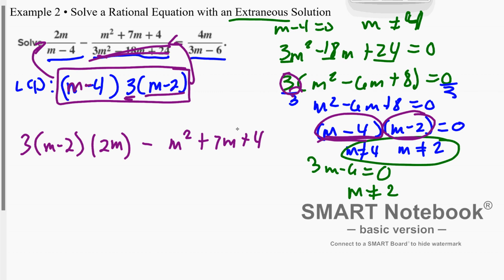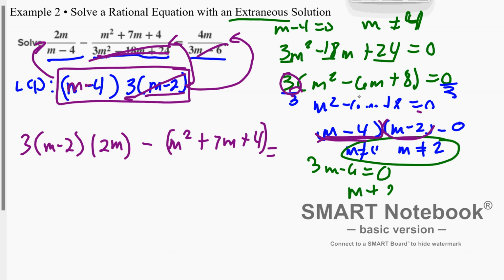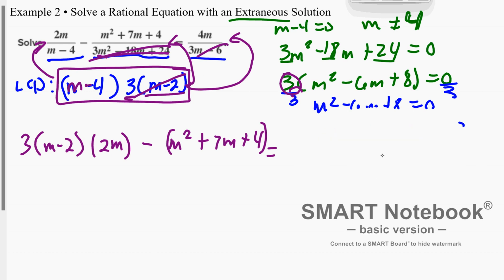Now, I need to distribute that negative. So I'll put parentheses around that. And then lastly, I'm kind of running out of room here. I'm going to take this thing, LCD again, and multiply by this one. Now this time, this one right here gets canceled out with this one, right? So then we get left with an equals, I'm going to have to erase some of this. Okay. This time we get left with m minus 4 times 4m.